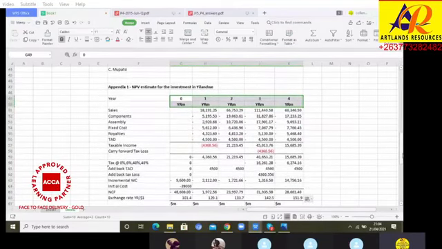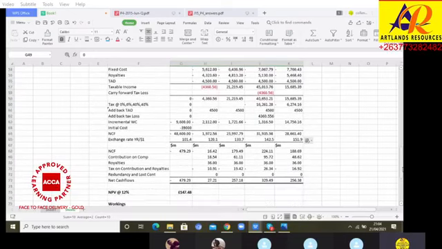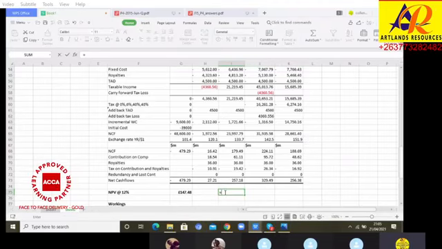This is what you can present to the board. Notice how brief and how neat the workings are. With my NPV, now notice when you are answering a computer-based exam NPV, don't use discount rates and stuff. You waste unnecessary time. After getting to net cash flows, when you are calculating NPV, don't bother about discounting factors.